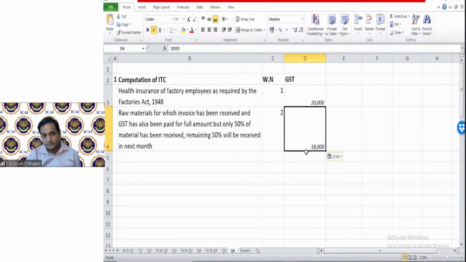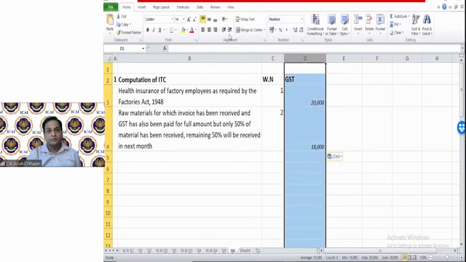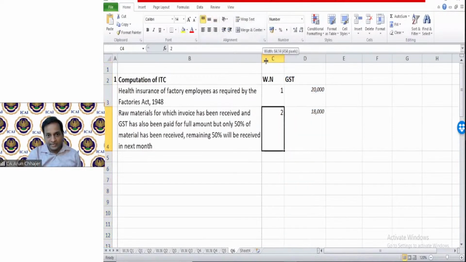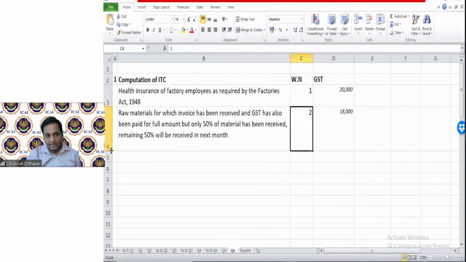Any comment for this particular item? Whether ITC would be available for 18,000 or not?